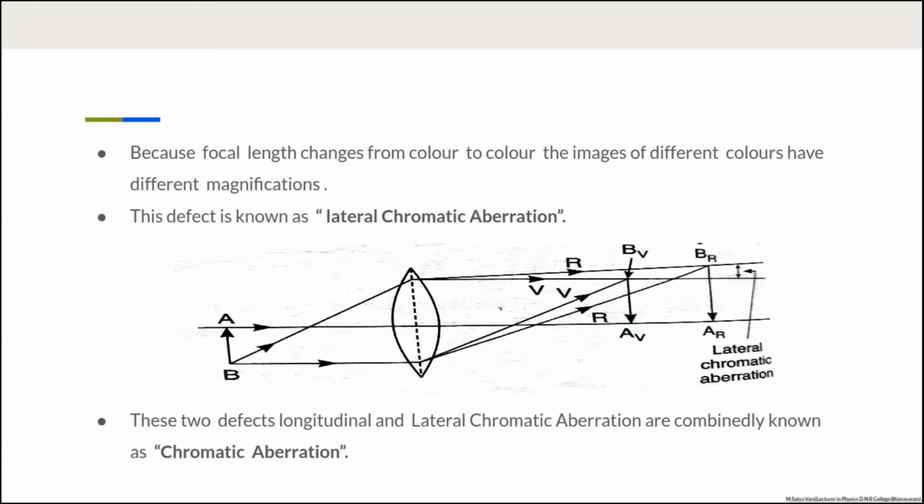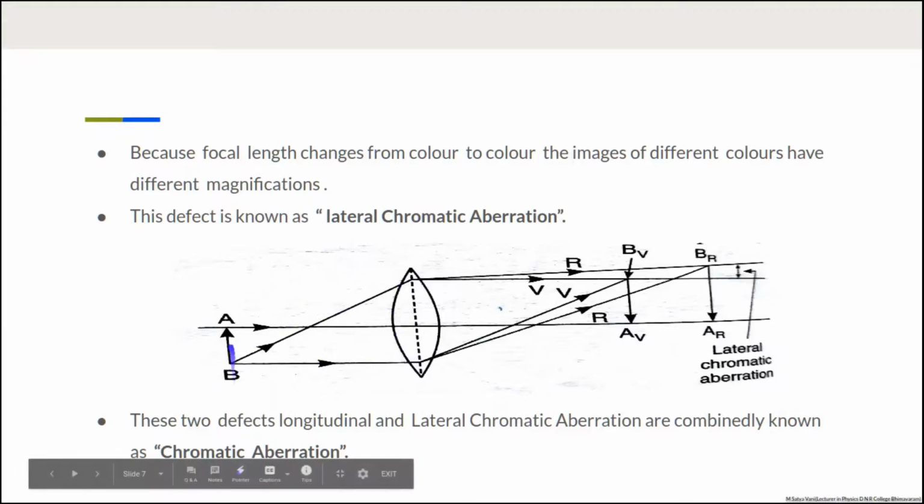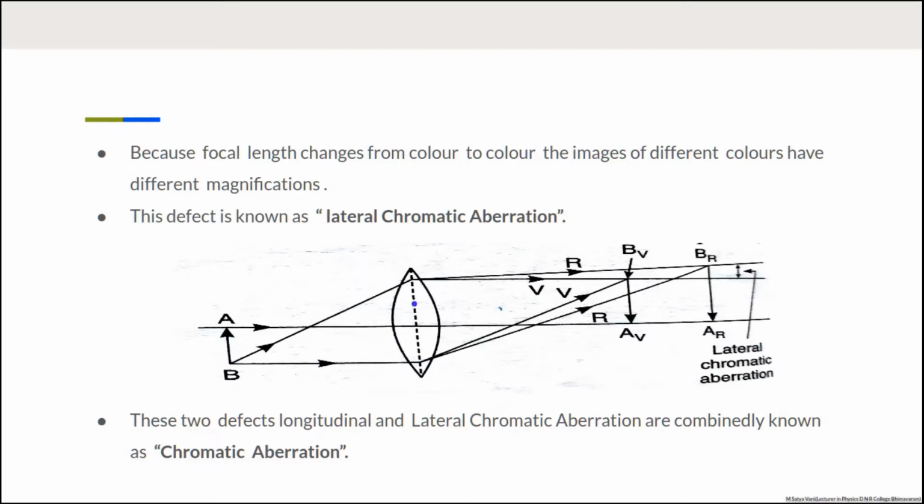The next one is lateral chromatic aberration. Here is the object AB. The light from the object is allowed to be incident on the convex lens, then it undergoes dispersion and different colored images are produced. The distance of the violet image from the lens is this much, and the distance of the red image is greater than the distance of the violet image from the lens. That means the object distance is the same for all colors, but the image distance is different for different colors.